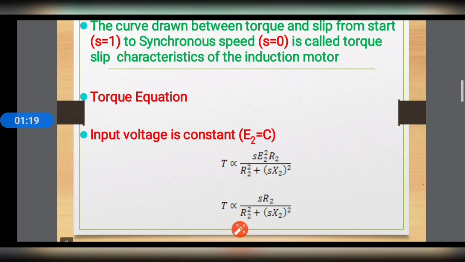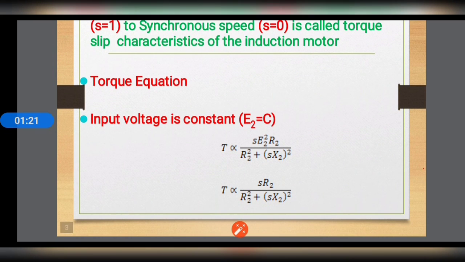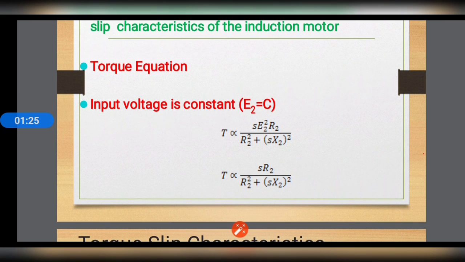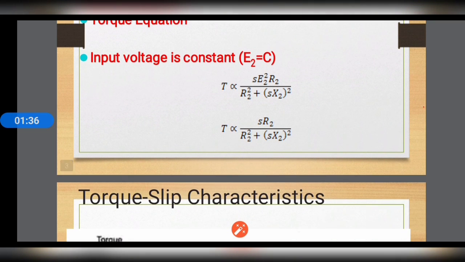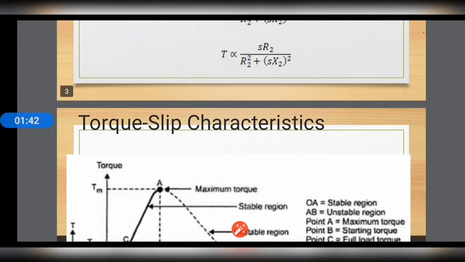Now continuing with the torque equation, with rotor input voltage E2, the torque is directly proportional to s times E2 square R2 upon R2 square plus sX2 square. So let us see how this equation helps to study the torque slip characteristic.